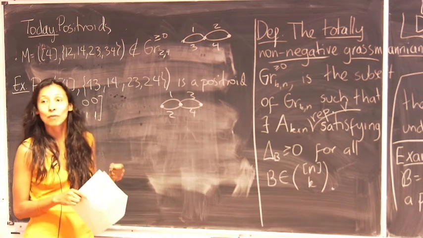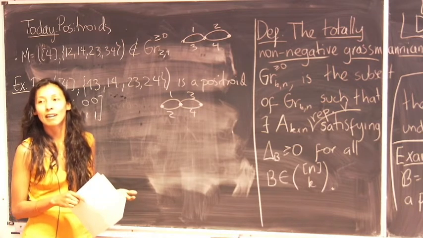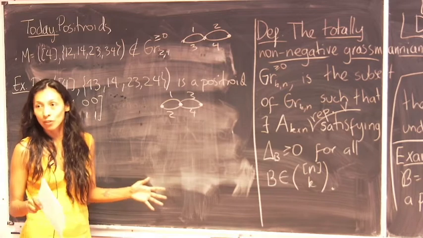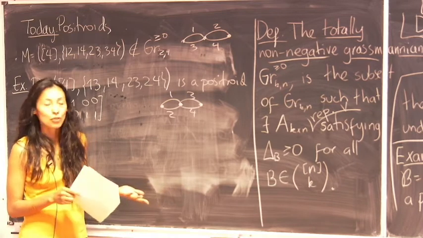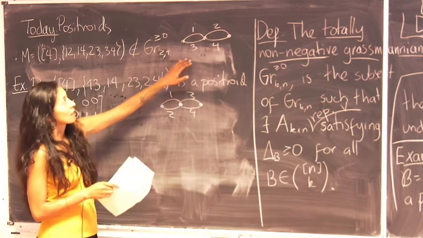And that's something very important about positroids, that positroids really care about how you label your elements. With matrices, not so, because you certainly could relabel.